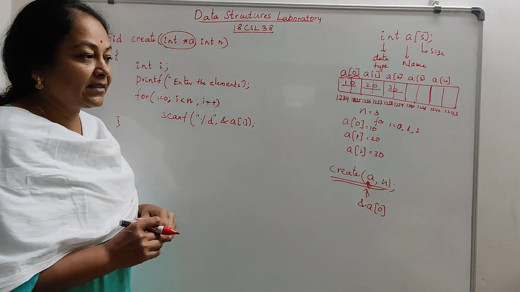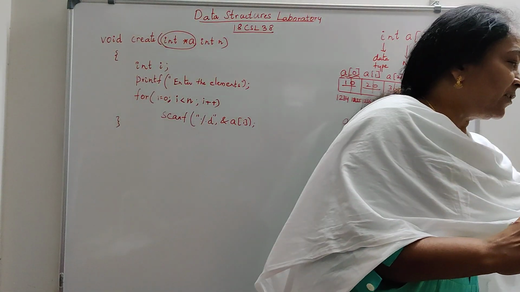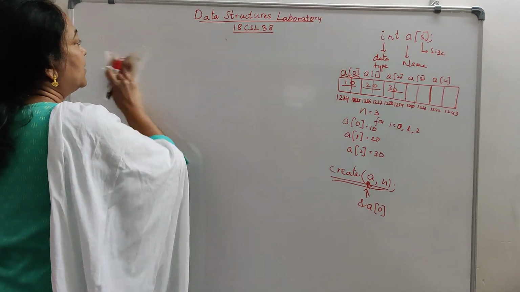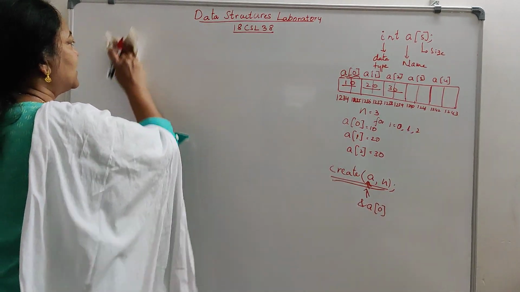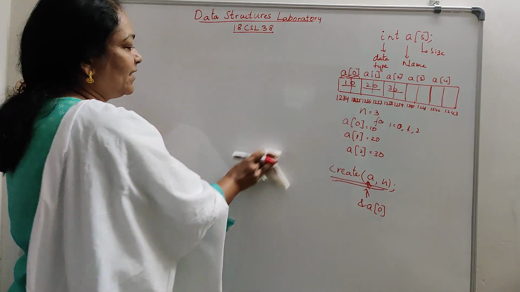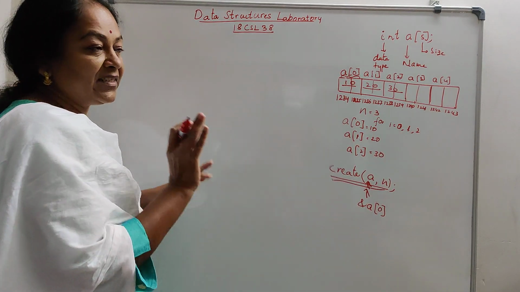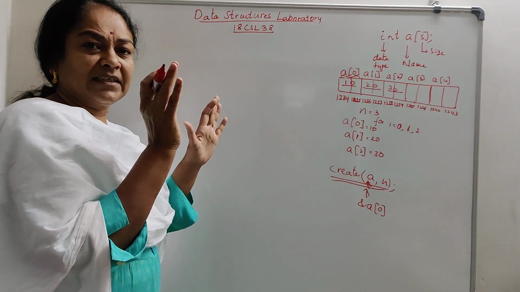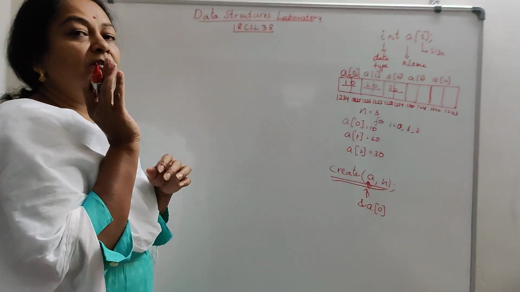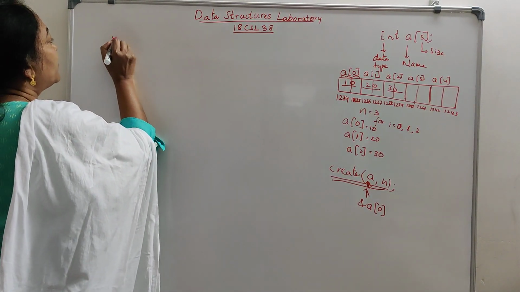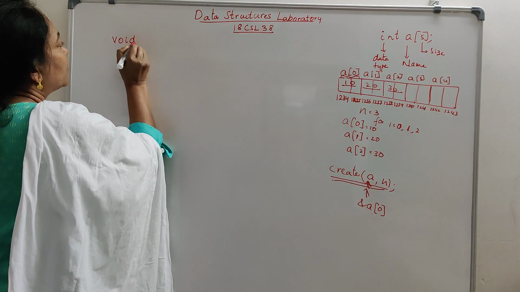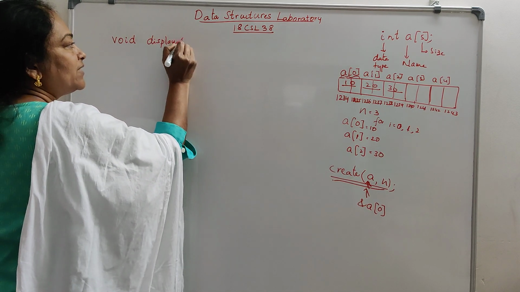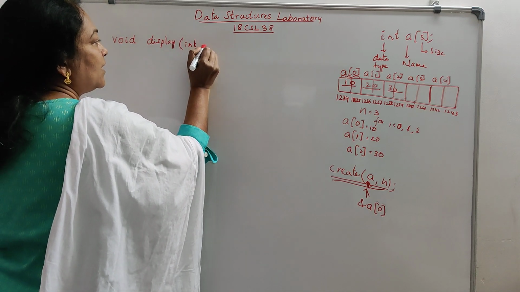Let us see the display function now. The display function is nothing but accessing each and every element from the beginning till the end and displaying all the elements in a proper manner. It is not going to return anything, so the return type of the display function is void.